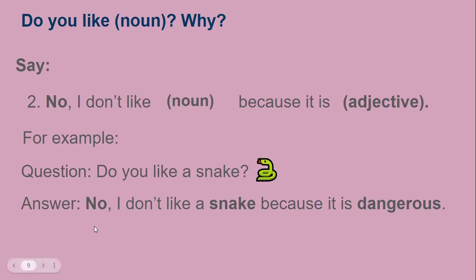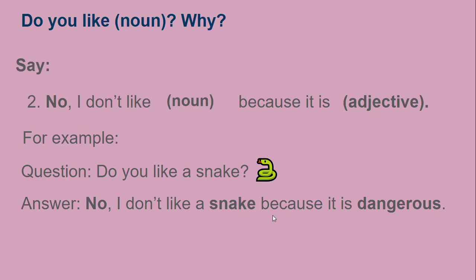You can see here we used no because we don't like. Then we put I don't like. Then the noun they ask you about, which is a snake in this case.